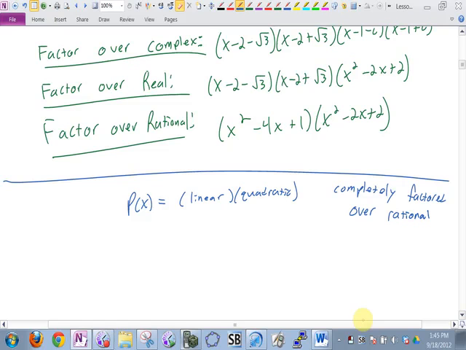What if this is not factored over the rationals? What if I say you end up with a linear and a quadratic when completely factored over just the reals? Then what can you tell me? Could all three be real? No. If you're factoring a polynomial over the reals, then all real zeros will be linear factors.